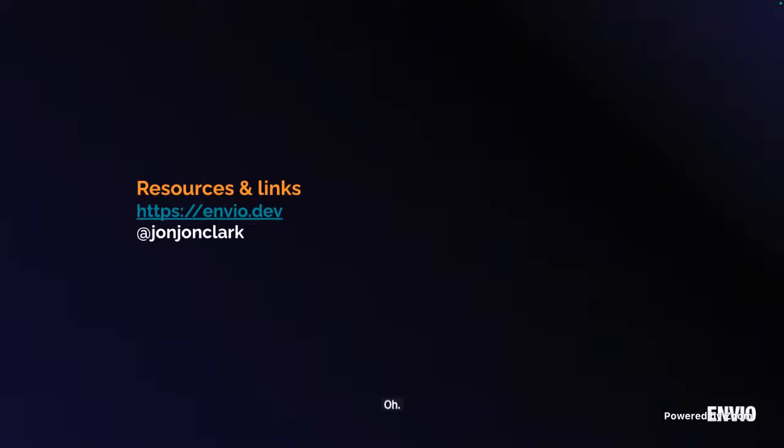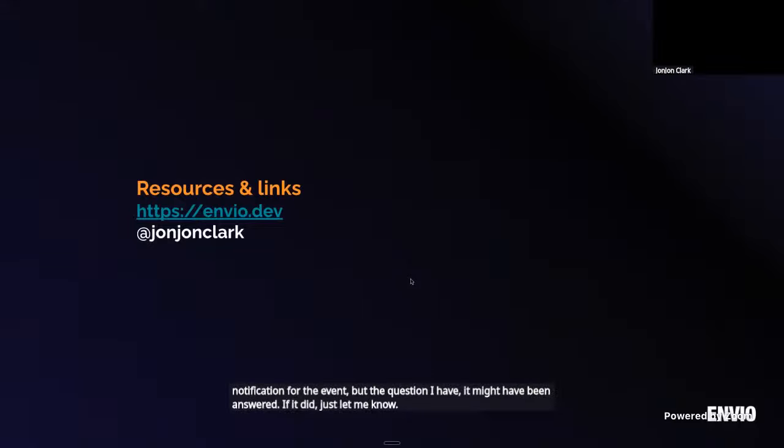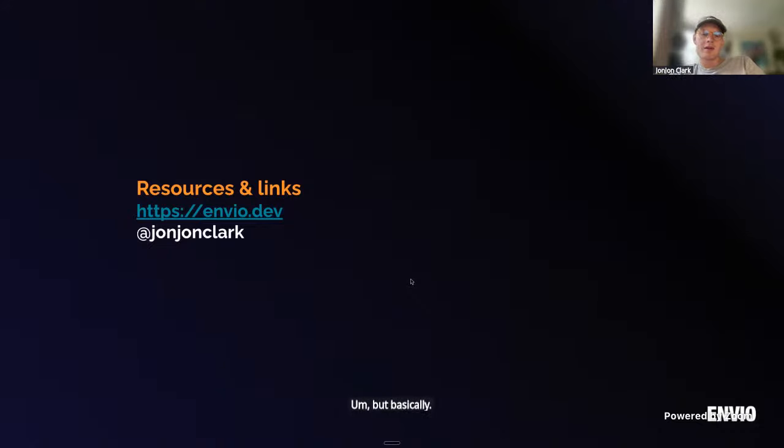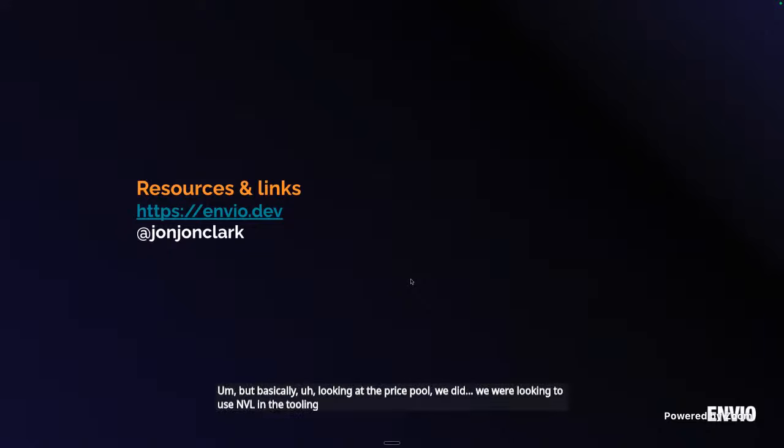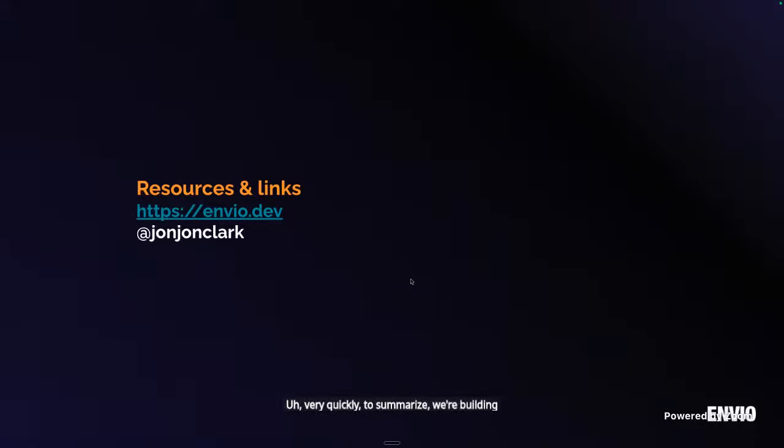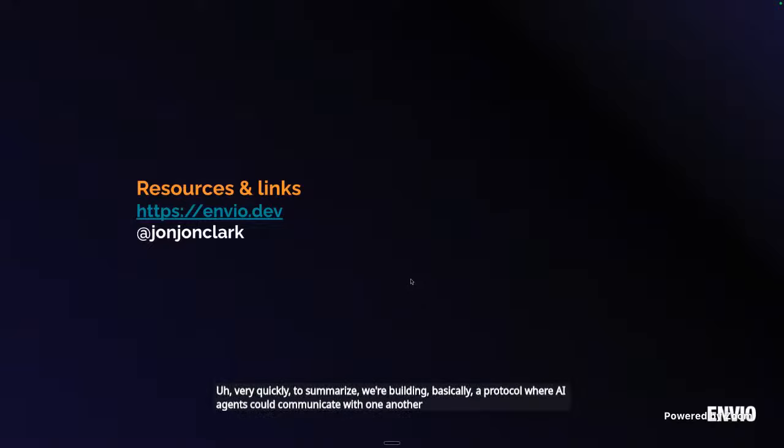Hey, John. My fault, I came a little bit late. I literally just got the notification for the event. The question I have might have been answered; if it did, just let me know. Basically, looking at the prize pool, we were looking to use Envio in a tooling project, utilizing it within our AI agent. Very quickly to summarize, we're building a protocol where AI agents can communicate with one another and send payments.